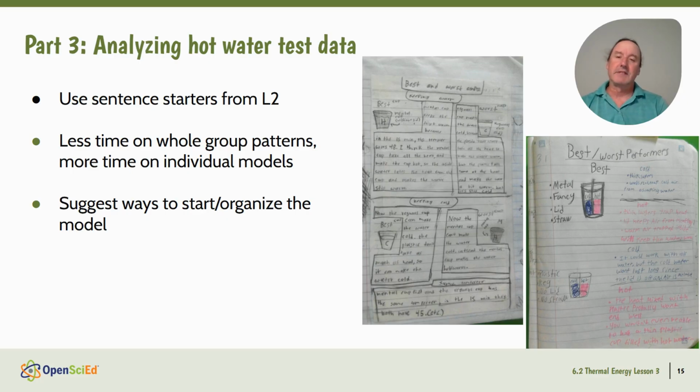And there's a couple of examples from my students' notebooks there for you, but the two most common ones that they'll use, one is the split cup, which is the one over here on the right, where they make the best cup, and then half of it is cold and half of it is warm, and they work to explain that. The other is they actually just create two individual cups, and then they do warm and cold separately. But it really is helpful for them to have a place to start.